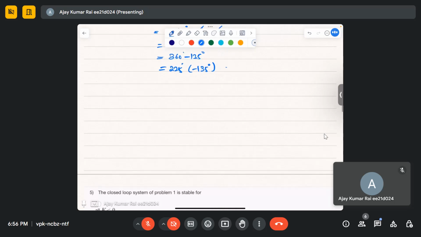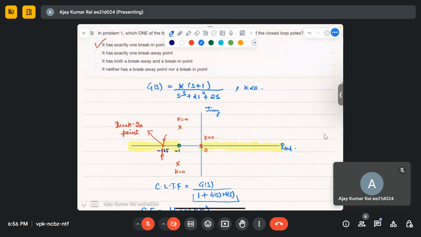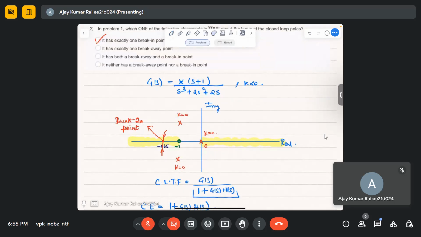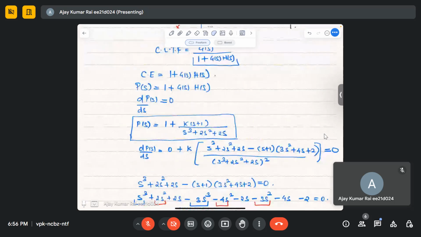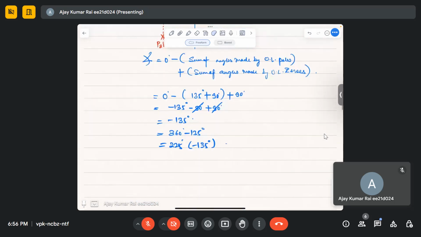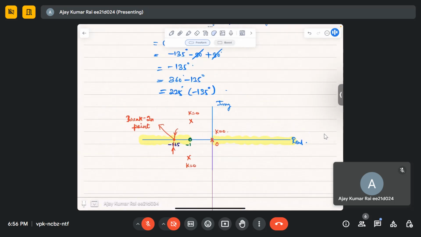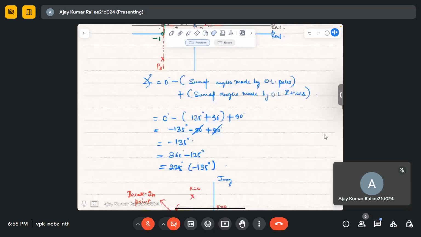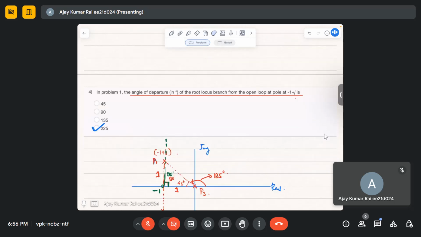So how will the angle of departure be? Now we have to draw the angle of departure. The question is already solved. They were asking only for the root locus branch from the open loop pole, the angle of departure for minus 1 plus j.